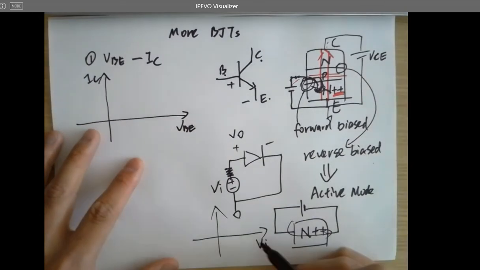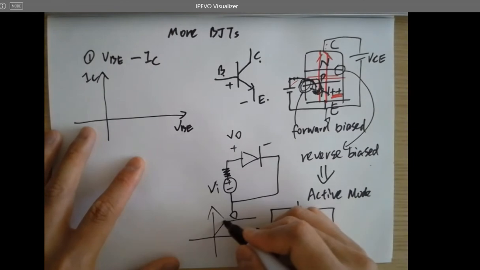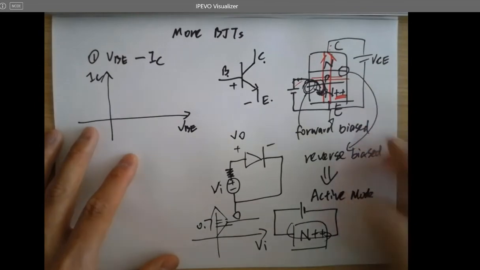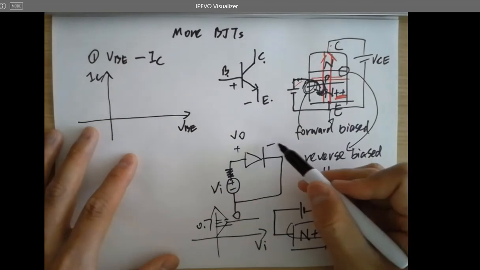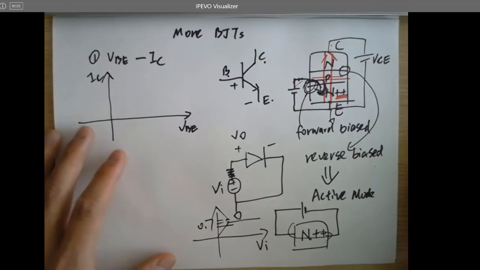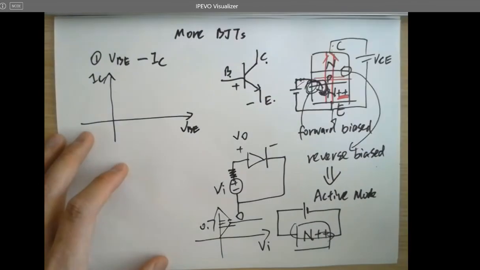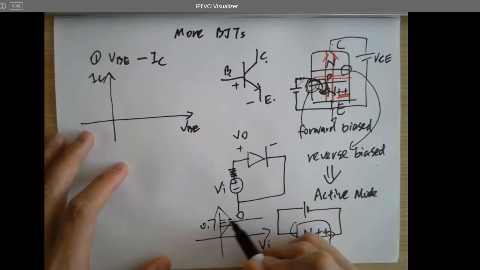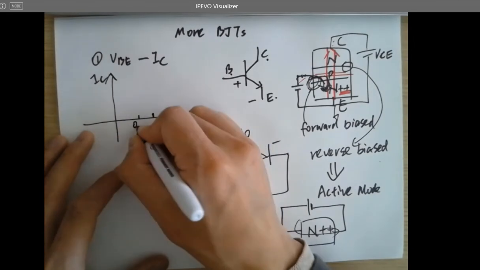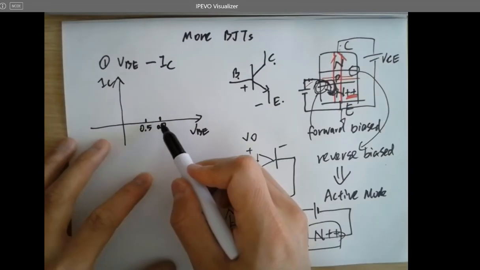What is VO? Whenever you are increasing VI, it's being clipped at 0.7 volts. But there will be a minor change across this diode, probably from 0.5 to 0.7, according to how much you are turning on this guy. But after 0.7, it will not increase anymore. So the curve looks like the VBE and IC, 0.5, 0.7. It's been turned on, not just exactly at 0.7.